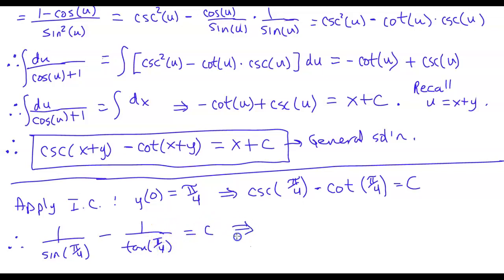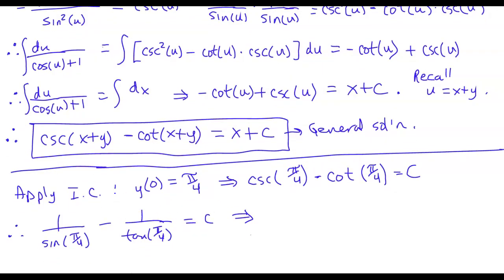This is equal to c. Now, sine of pi over 4 is going to be 1 over square root of 2, or root 2 over 2 if you want to say that. Tangent of pi over 4 is just 1.